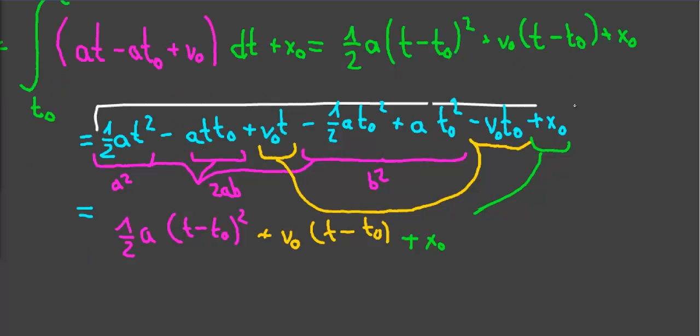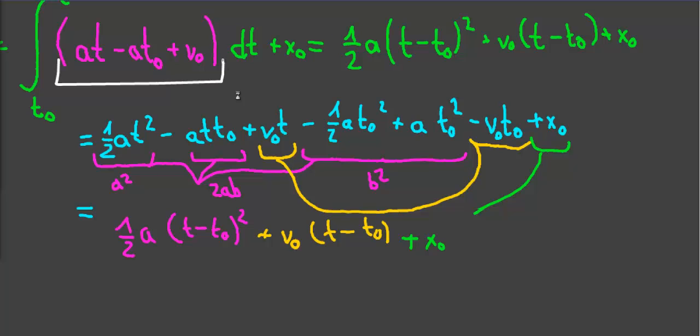This is the first step. We integrate with respect to t, and we get the antiderivative of this right over here, and we subtract from that the antiderivative evaluated at t0, because we start from t0 in our integral.